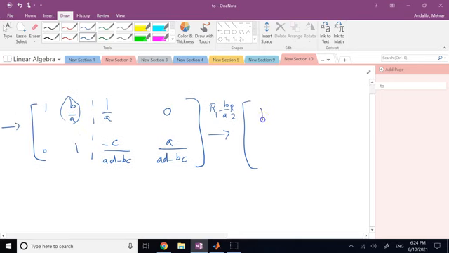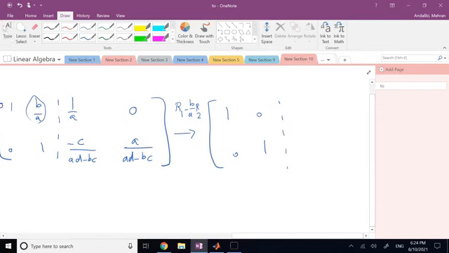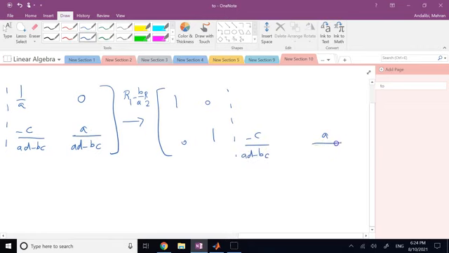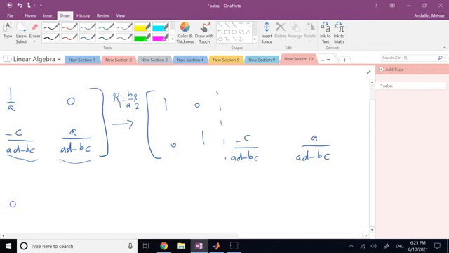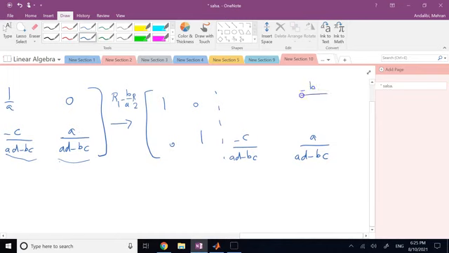If I do so, I'll get 1, 0, 0, 1, negative C over AD minus BC, A over AD minus BC, and now you have to multiply each element in here by B over A and subtract it from the first row. So if I multiply this by B over A, you get B over that, subtract, you get negative B over determinant.